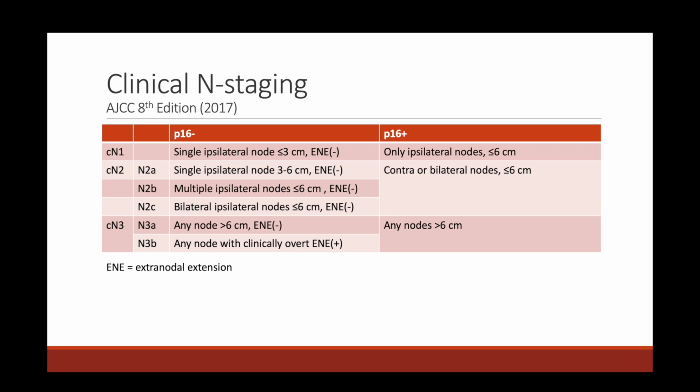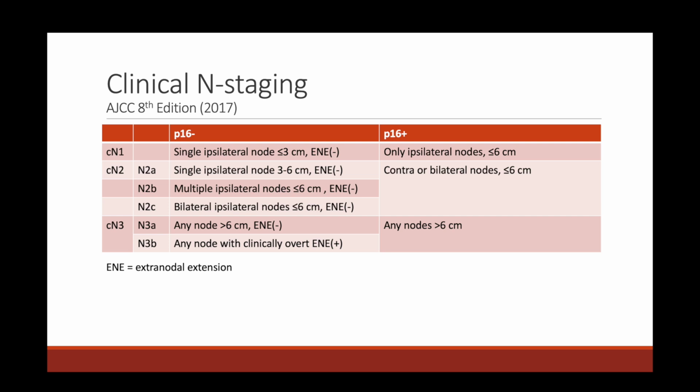If it's ipsilateral and less than or equal to 6 centimeters, you can have as many nodes as you want. You can have as much extranodal extension. However, it is still considered clinical N1. So you can already see that the staging for P16 positive versus P16 negative is much more lax, right?